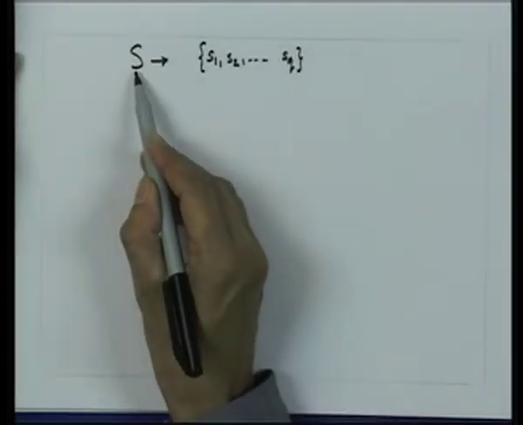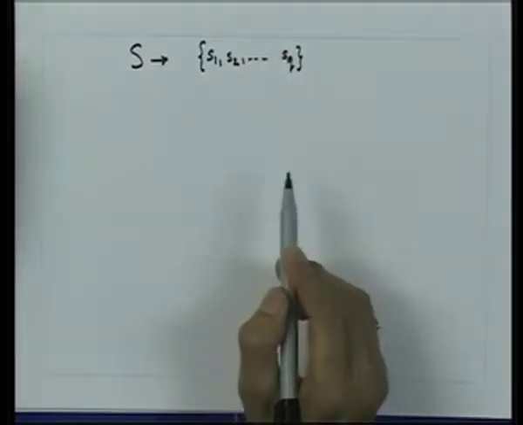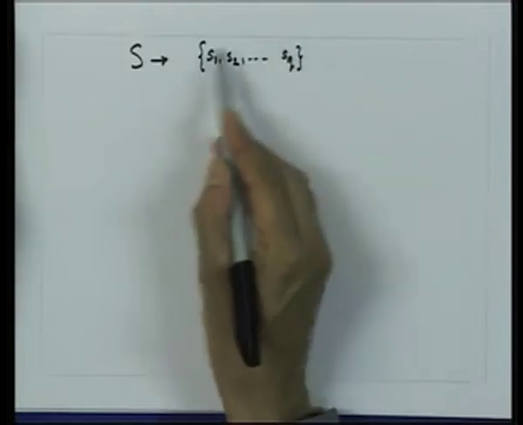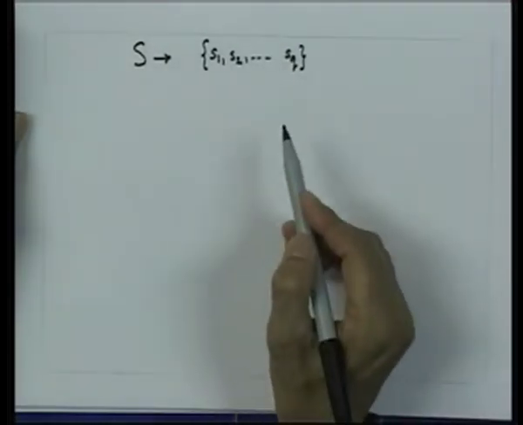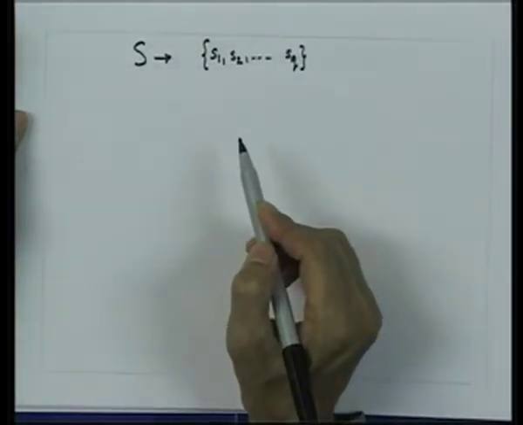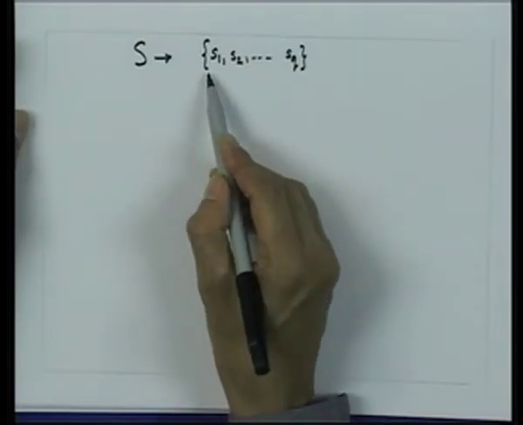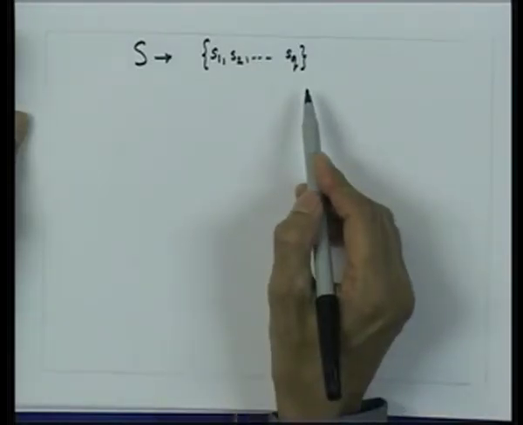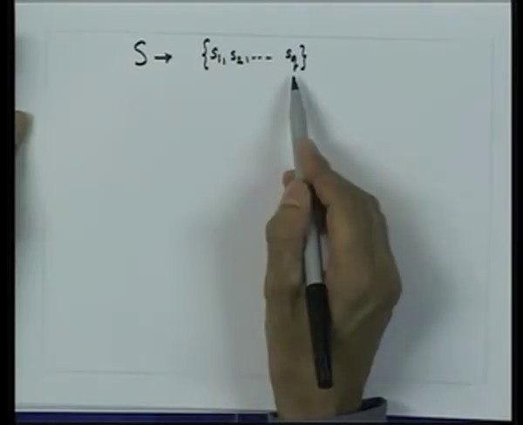Now, for this source alphabet, I can always calculate the probability distribution of the states. Given the probability distribution of the states, it is also possible for me to calculate the first order symbol probabilities, correct.